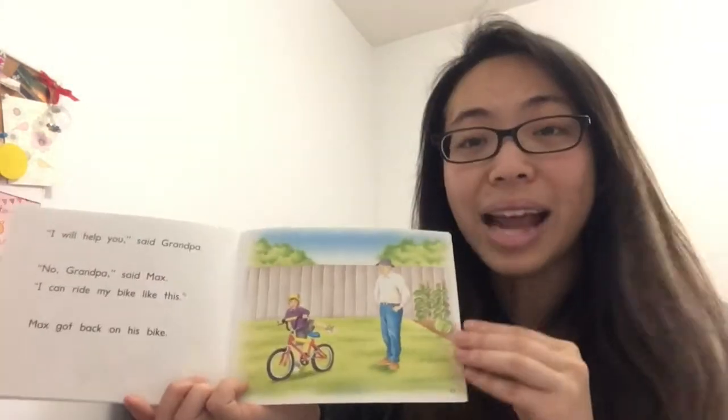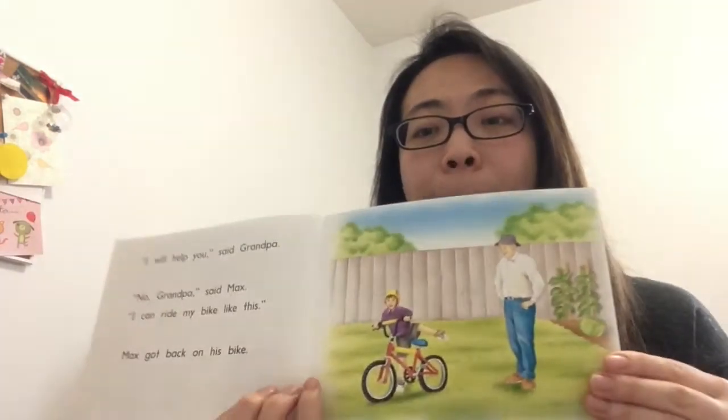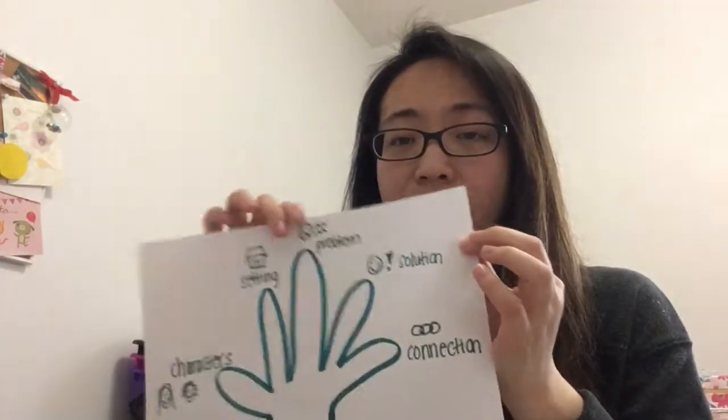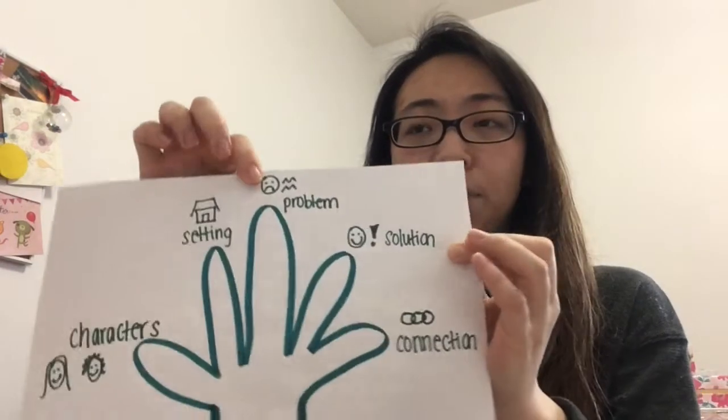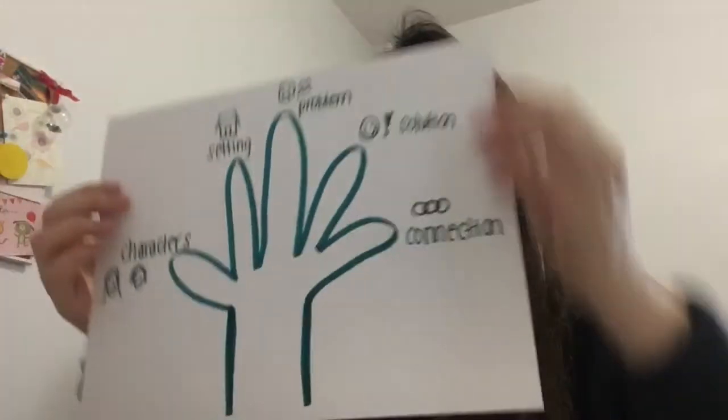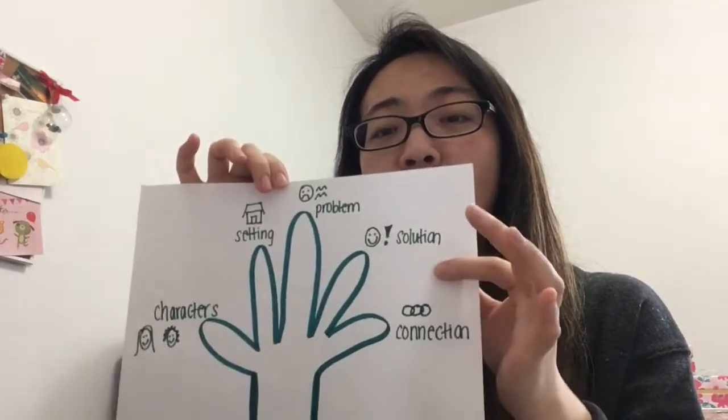Exactly. Max got back on his bike. So that might be the solution. He didn't just give up. He went back on his bike and said, I can ride my bike like this with no little wheels. Oh, very good. That's how the problem was solved.